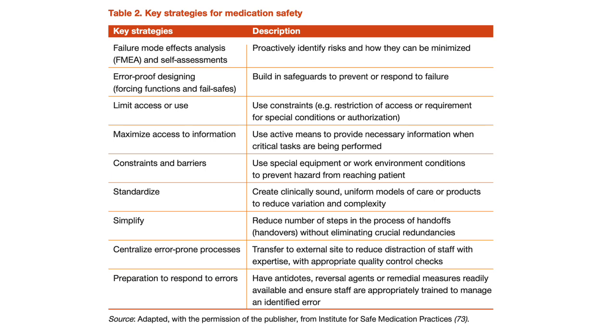Error-proof design: forcing functions and fail-safes, built-in safeguards to prevent or respond to failure. Limit access or use some constraint, for example with narcotics, where to use them you need special or extra steps, or concentrated electrolytes, where you need to do a forcing action and keep them in the pharmacy rather than on the floor.